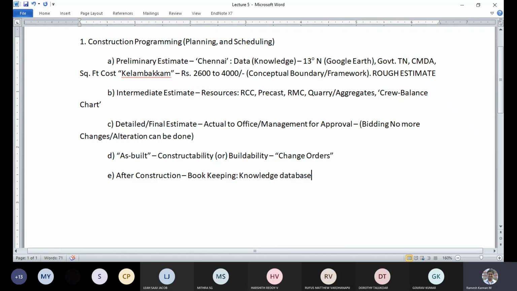And a new person might have new insights as well as new solutions for existing problems, so he or she can act on that. That is why after construction is also a very important thing.